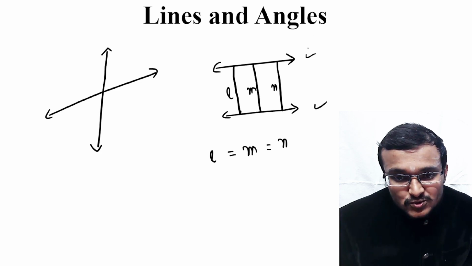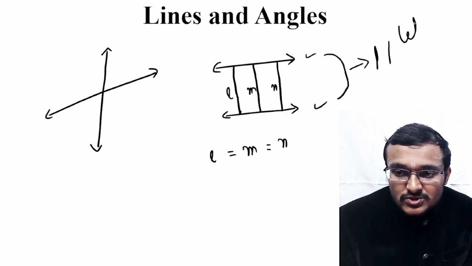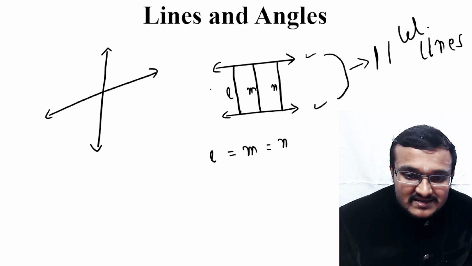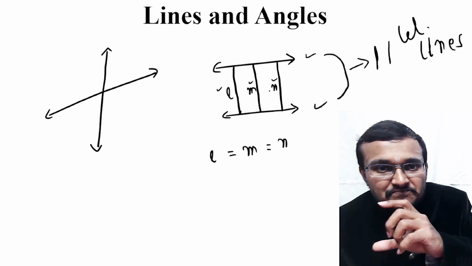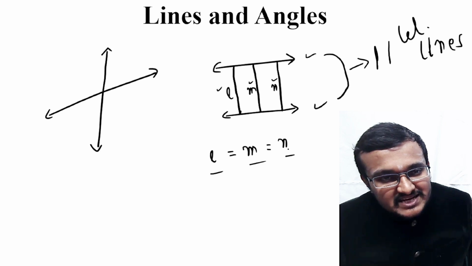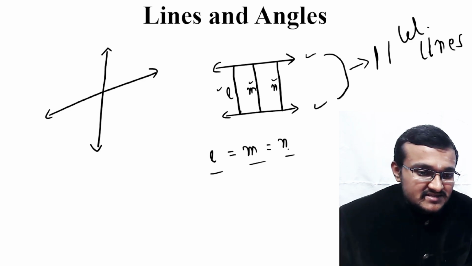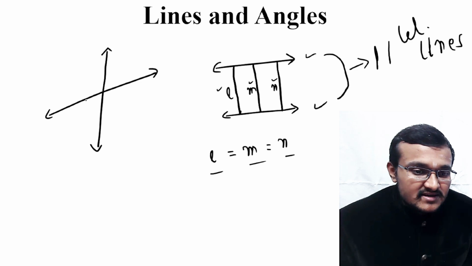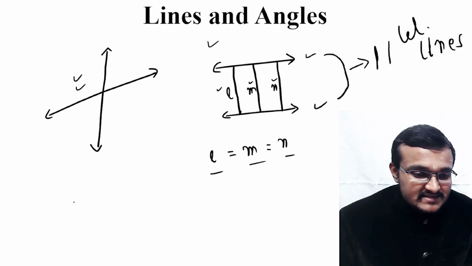So these two lines are known as parallel lines, and the perpendicular lines which you draw between these two parallel lines should have the same length, that is, L is equal to M is equal to N. You can take infinitely many perpendicular lines, but all of them will have the same length, and these two lines are known as intersecting lines, and these two lines are known as non-intersecting lines.